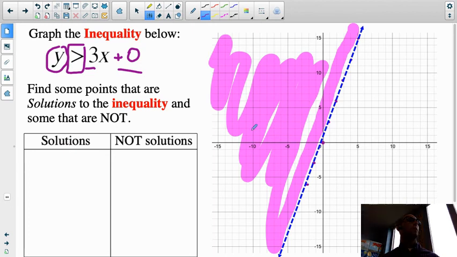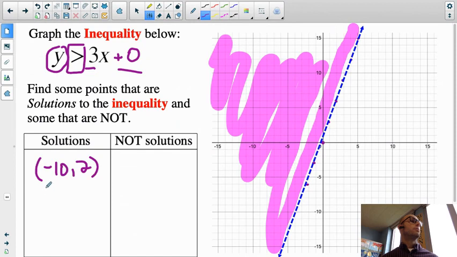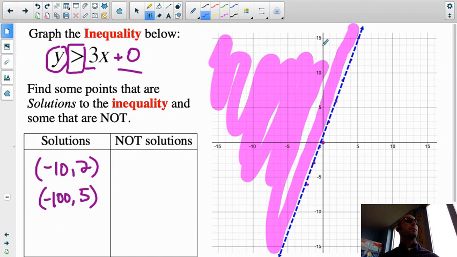Now I can identify some solutions. They're going to be over here. So -10, 2. I don't know, -100. I don't even see it on the graph, but I know it's going to be in this region. So -100, 5. I don't see it, but I know it'll be there. And then maybe 0, 14. Lots of options again. And then again, not solutions, anything over here.